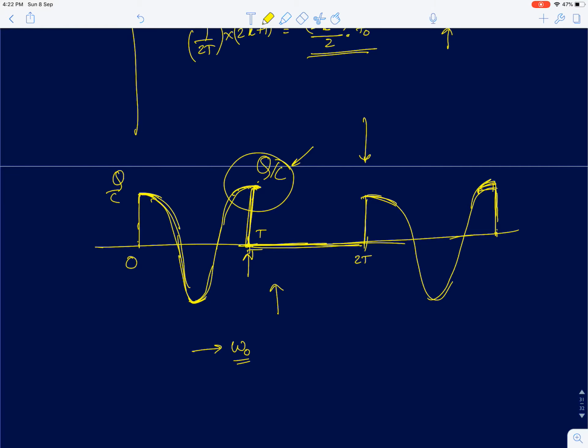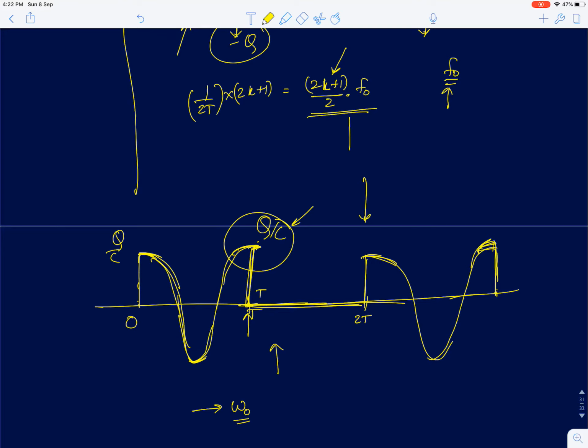Again, I've just derived it for the condition f0 by 2, just because it's easier to show graphically. You can think logically, intuitively for any other frequency, because it's not exactly going to repeat itself. Sometimes you will be adding energy and sometimes you will be removing energy from the tank. So that is one way to intuitively see the amplitude will never blow up to infinity.